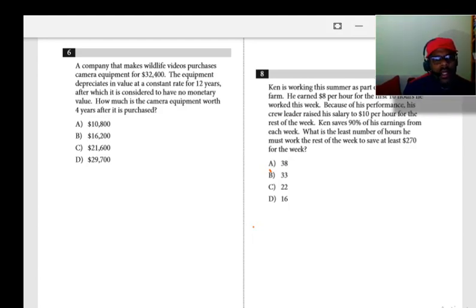Let's do it for 12 years at a constant rate: 12 times some amount x, so let x be that value. It decreases by this much every year, so it's going to be 0. After some time it has totally no monetary value, it keeps decreasing. So by how much is it decreasing? Let's calculate that first.